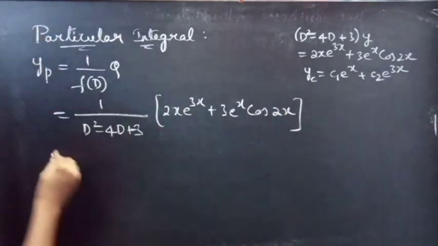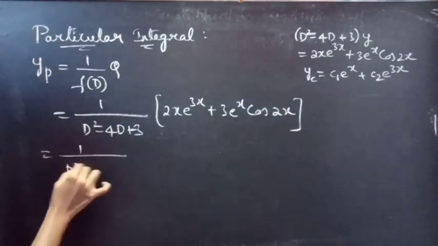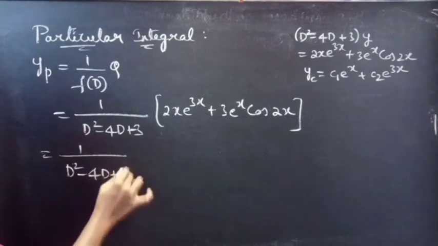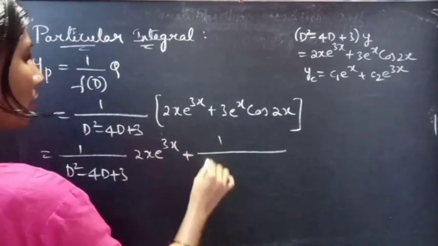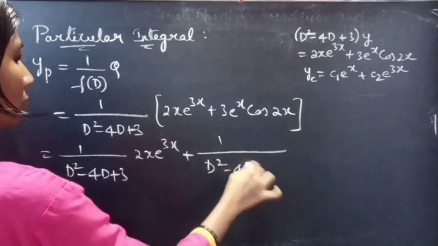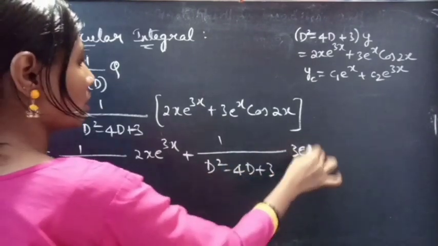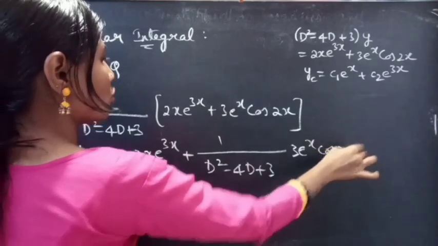We can write this as 1/F(D) into 2x e^(3x) plus 1/F(D) into 3 e^x cos 2x.